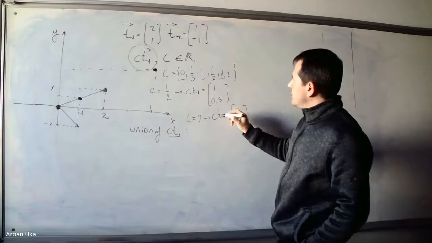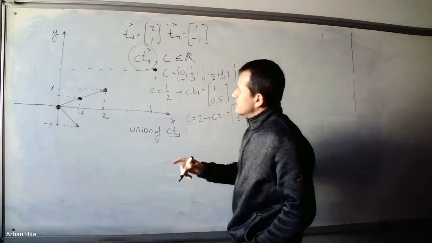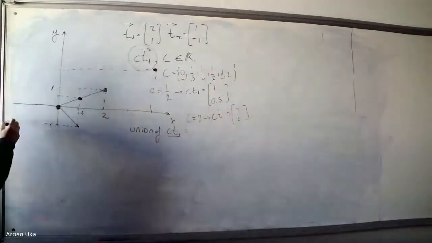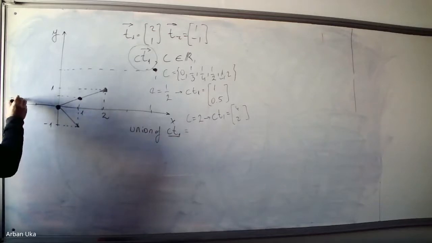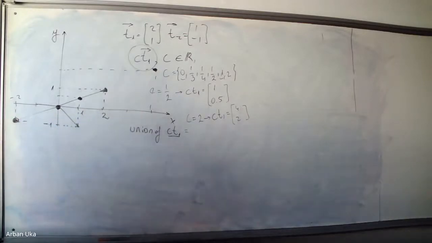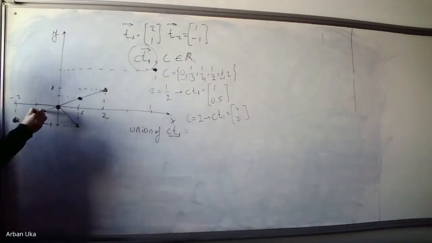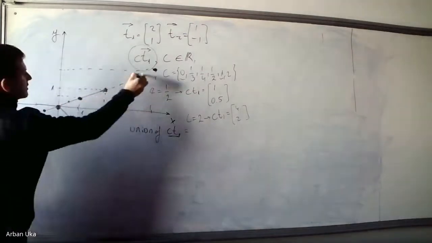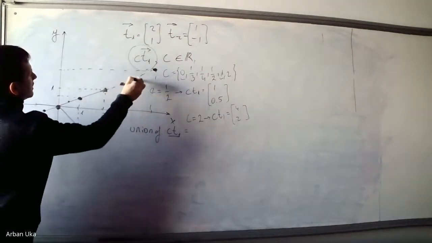C can even be -1. If C is equal to -1, we get (-2, -1), this other point, and this, and so on.